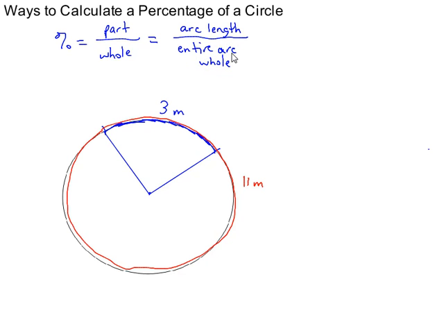Oops, sorry, wrote the wrong word. The entire arc length. So, in other words, you could take whatever the partial arc length is, divided by the entire arc length, which is simply the circumference of the circle. So that's another way to calculate a percentage of a circle.